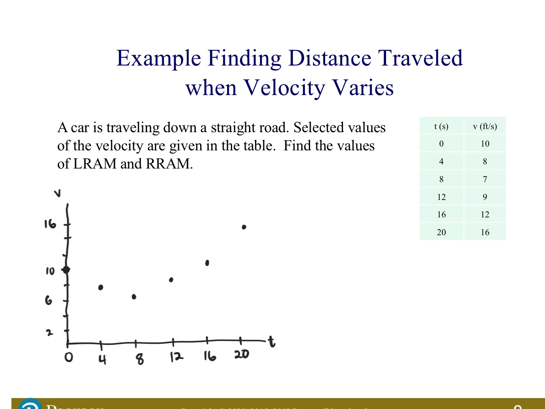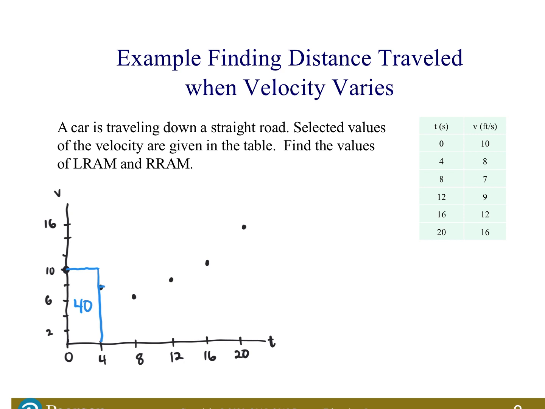All right, so I'm going to pick blue, and I'm going to work left to right. We already kind of got that started. We did a 10 and then down, and that made a rectangle of 40 because the base was 4 and the height was 10.